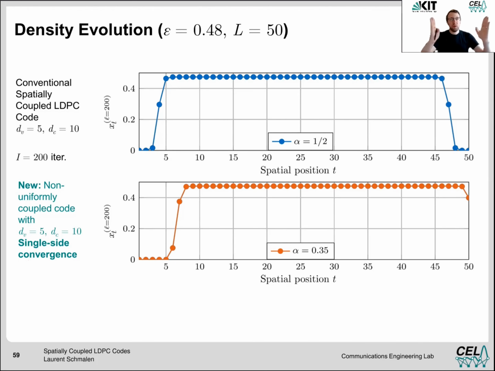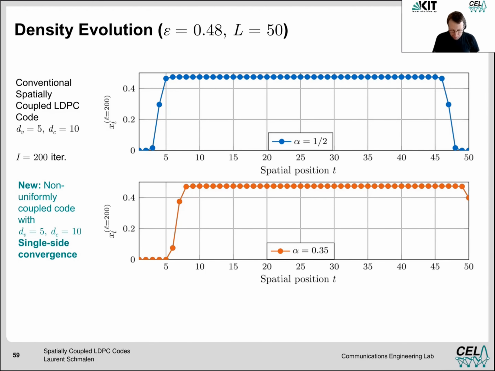So we converge from two sides and go towards the middle. In practical systems, we use this window decoder. So we actually don't need this two-sided convergence. We just need to track this one part of the code, and then we follow it throughout. And we give up this two-sided convergence and look at the single-sided convergence.